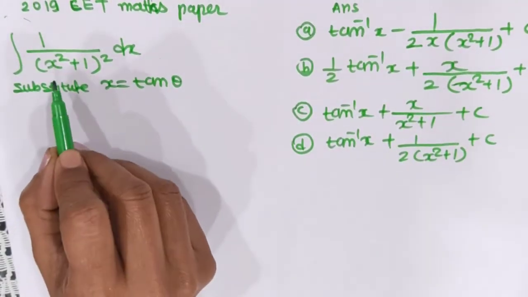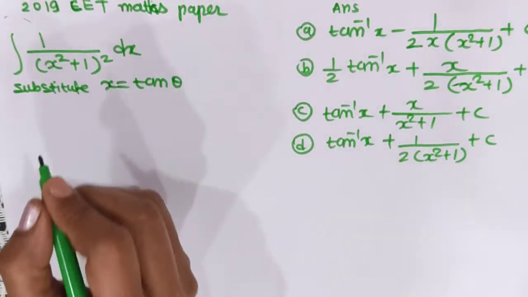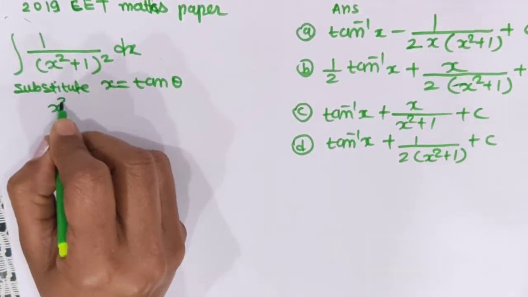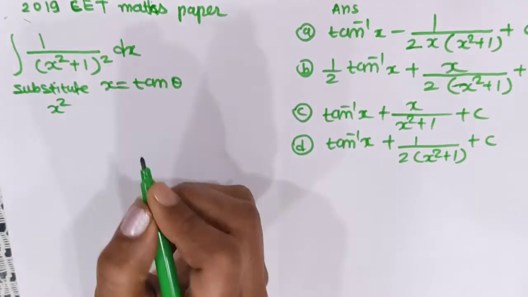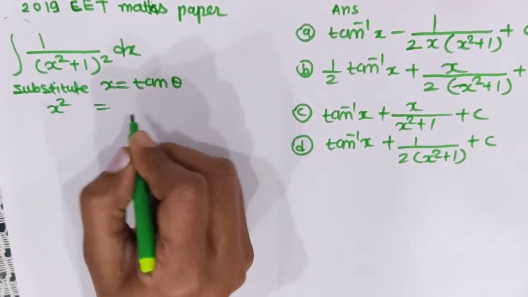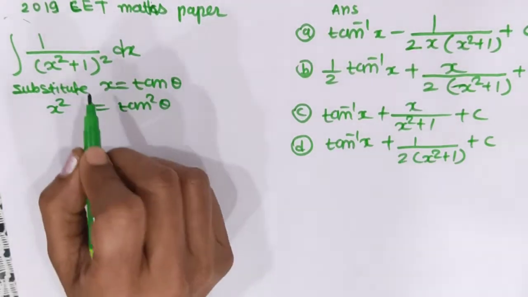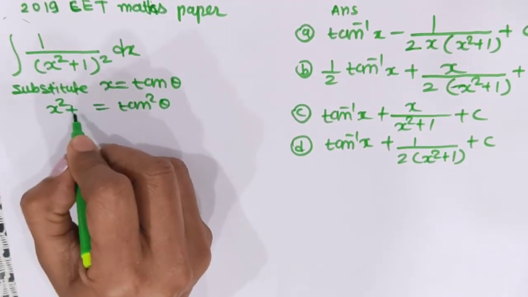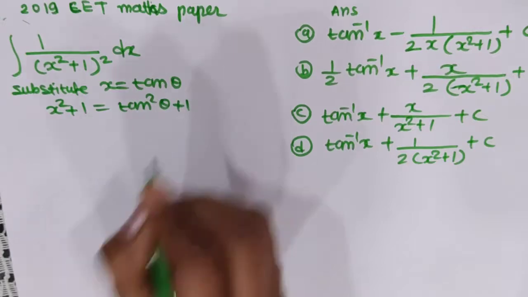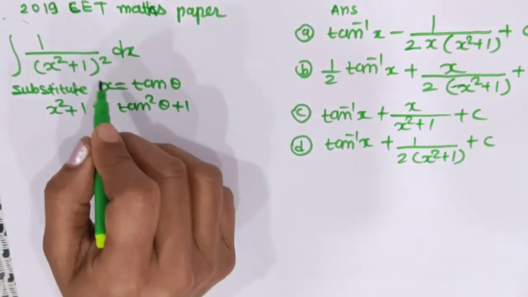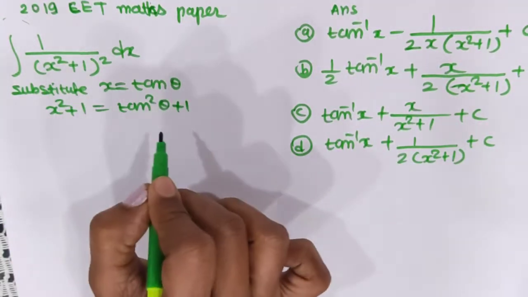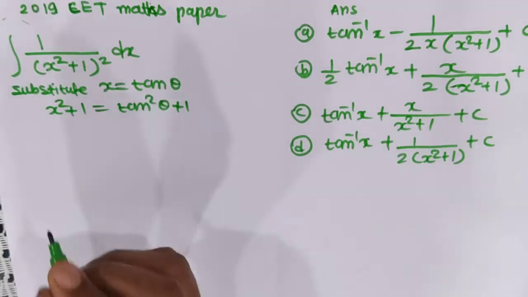Now what we need here is x square plus 1. Suppose we square this term, x square, which is tan square theta. Now we add 1: tan square theta plus 1. Our denominator is x square plus 1, which means tan square plus 1.